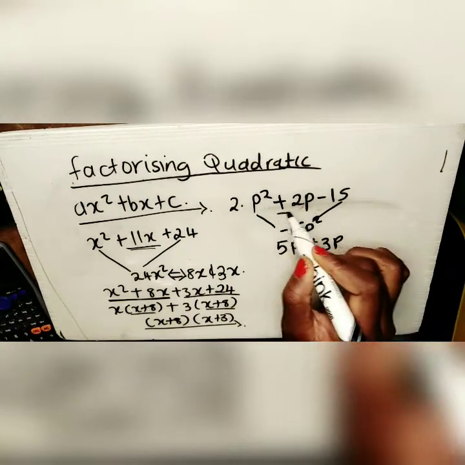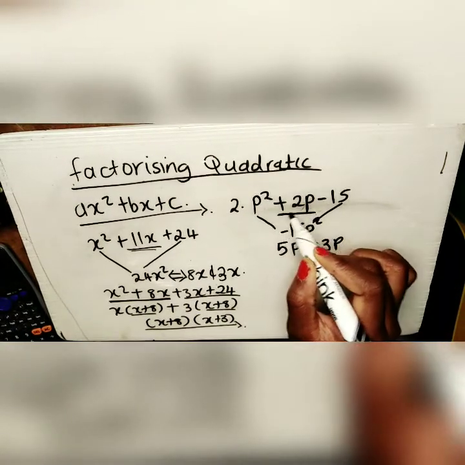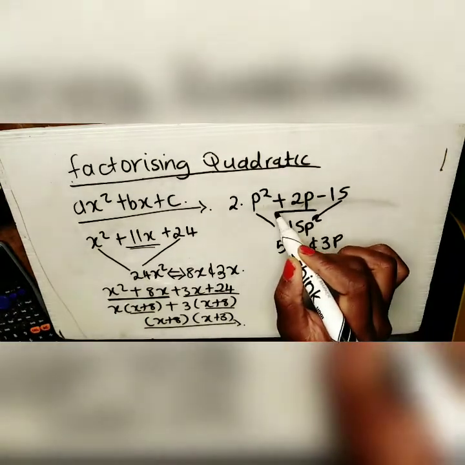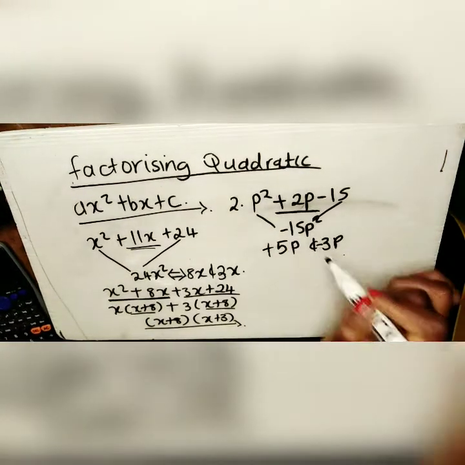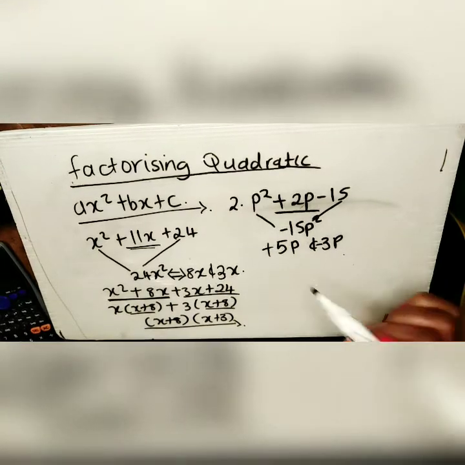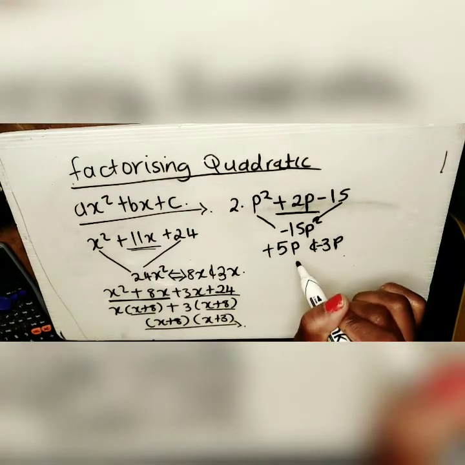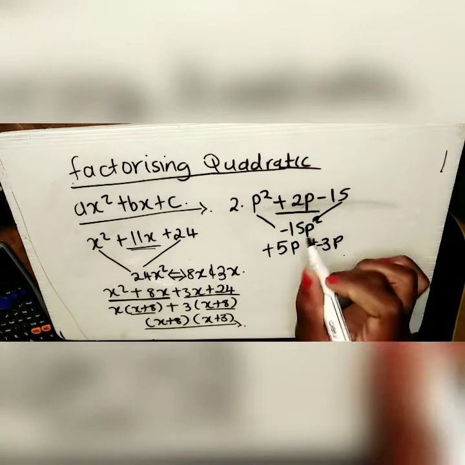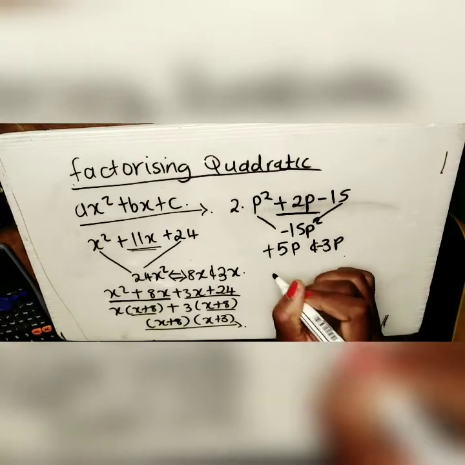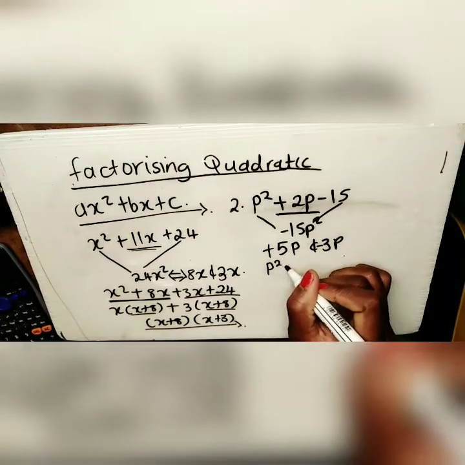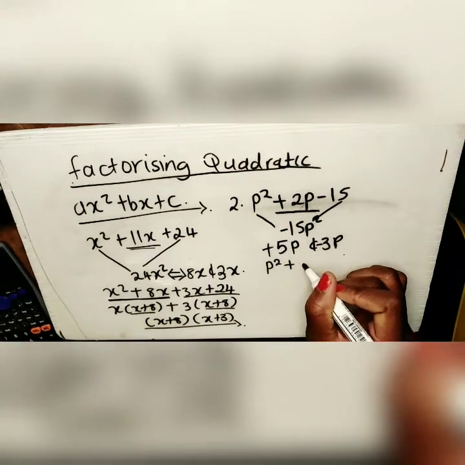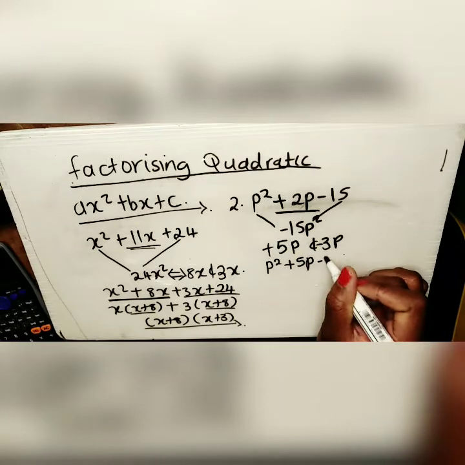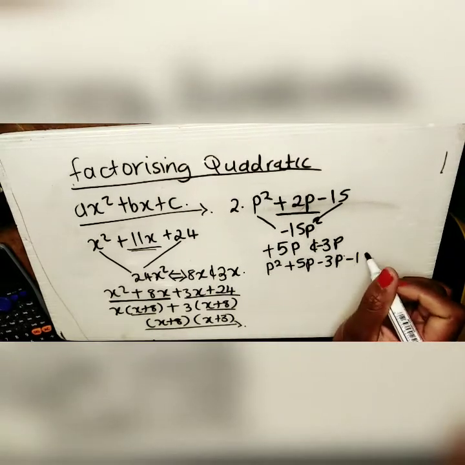You must always look at the middle term and its sign. If the sign is positive, it means your bigger term will have a positive, then the smaller one will have a negative. So your bigger factor will always take the sign of your middle term, right? Take note of that. So now we have p squared, and in place of 2p, we are going to write plus 5p minus 3p minus 15.